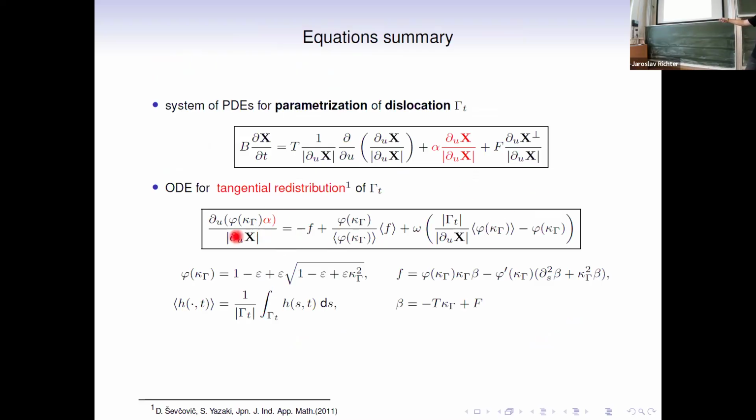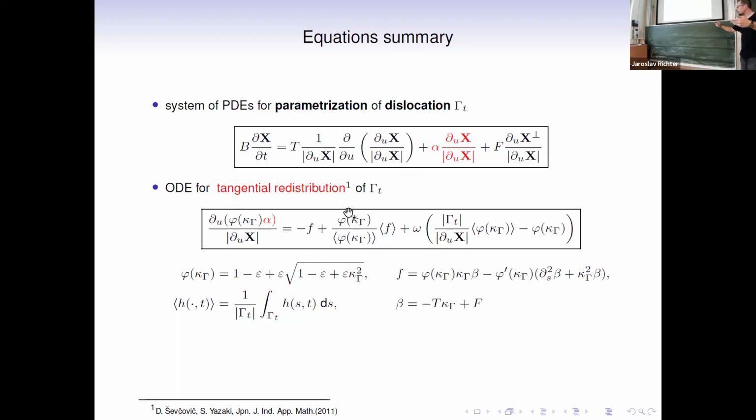we can control it by a smartly chosen tangential redistribution term alpha. What we use is a model which originally comes from the idea of our colleagues Daniel Ševčovič from Slovakia and Professor Yazaki from Meiji University, and they proposed this driving redistribution term based on redistribution shape functions.